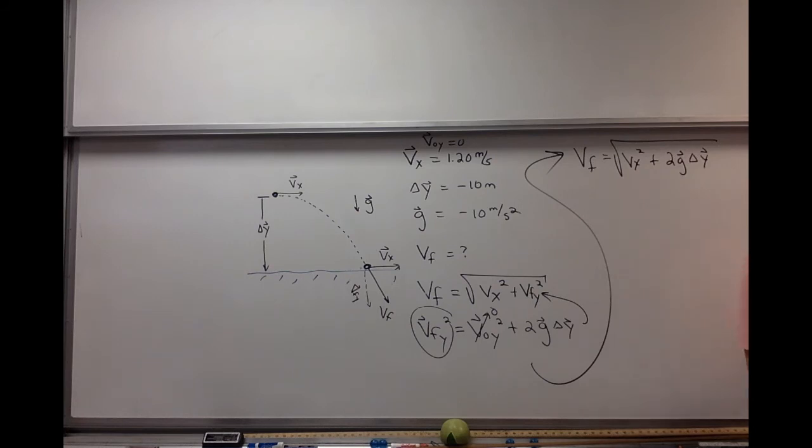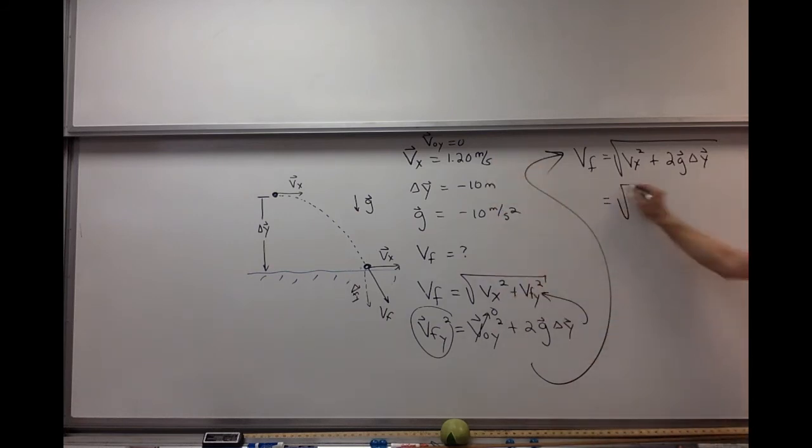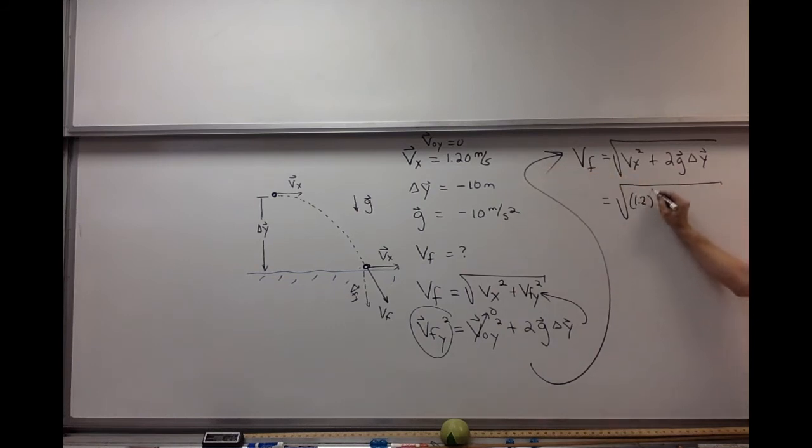Now I will put in the given information, the numbers. So velocity in the x is 1.2 meters per second. Square that. 2 times the acceleration due to gravity, so we have 2 times negative 10 meters per second squared. And last but not least, delta y is negative 10 meters.